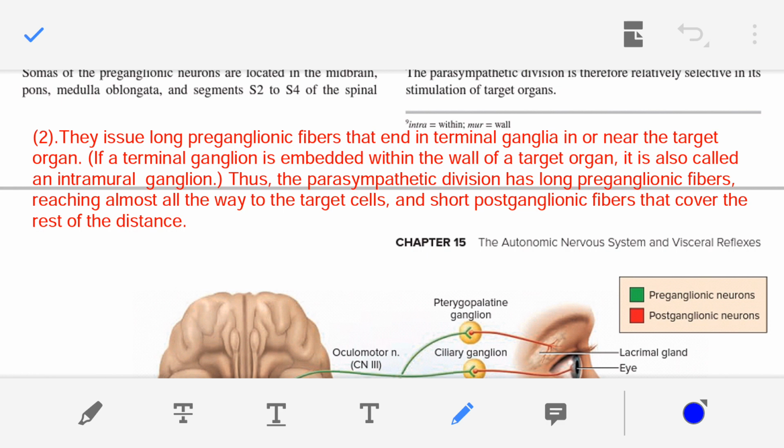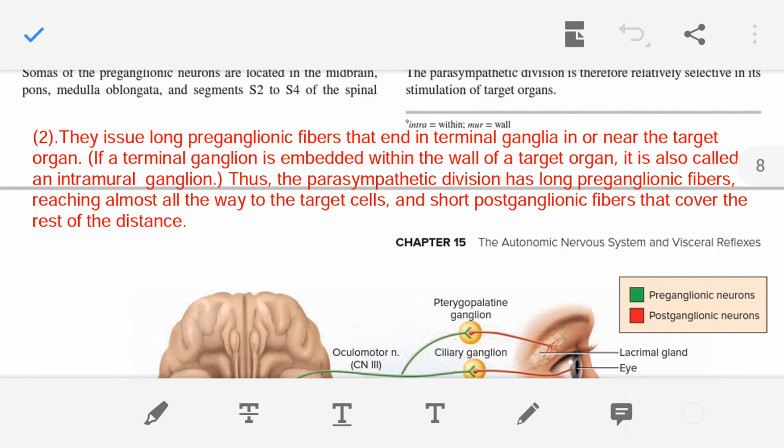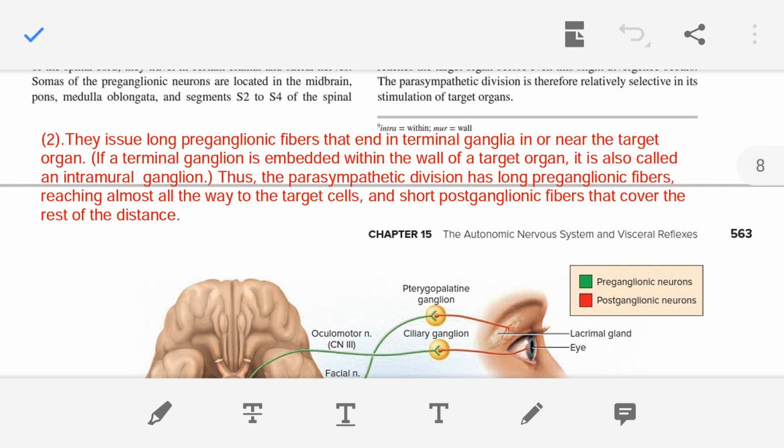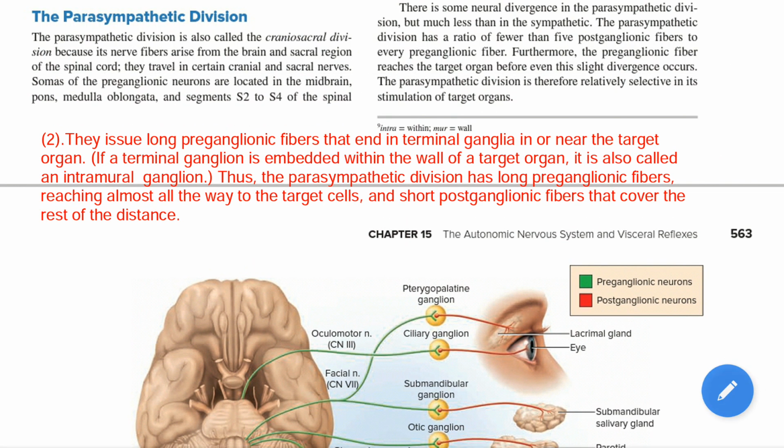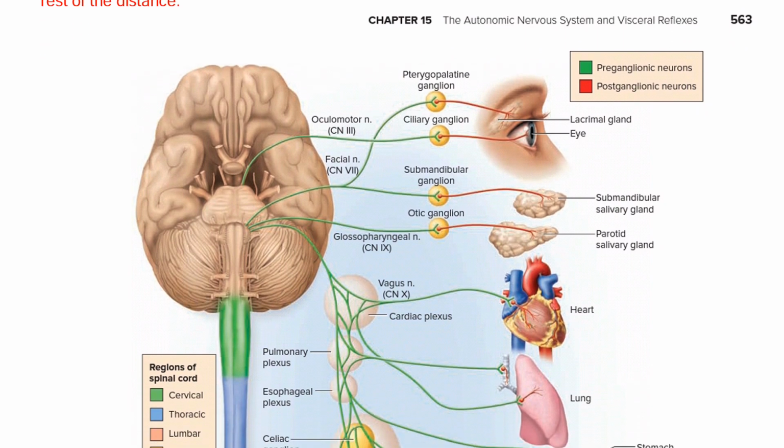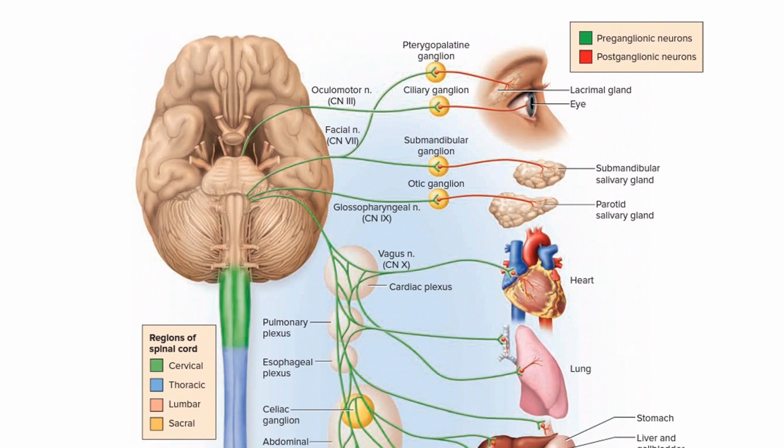Okay, so most of the distance is covered by the preganglionic fiber, and only a short distance is covered by the postganglionic fiber. This is the figure.